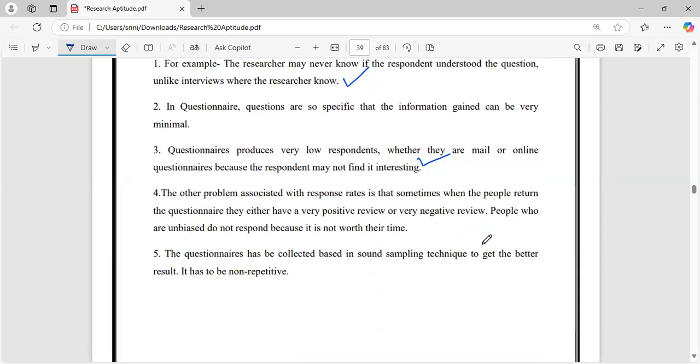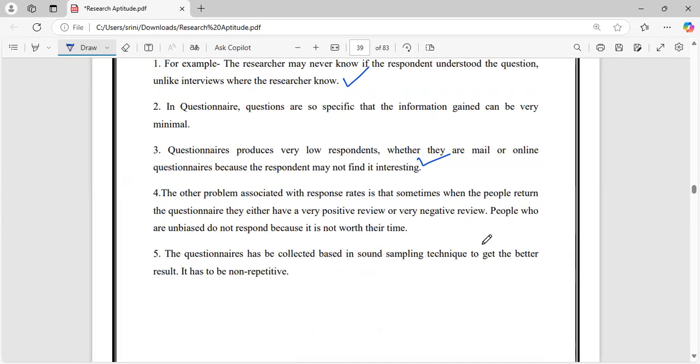The other problem associated with response rates is that sometimes when people return the questionnaire, they have either a very positive or a very negative review. People who are unbiased do not respond because it is not worth their time.